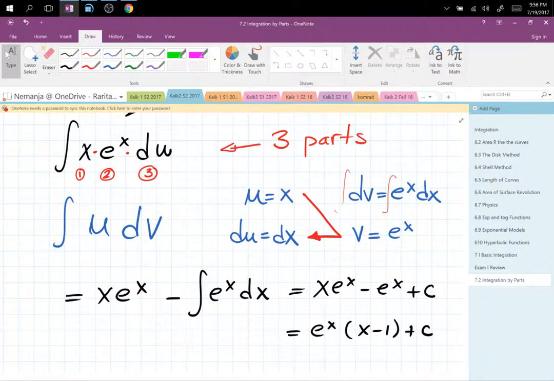So you will be picking the same stuff around. So go ahead. Practice integral of x sine x dx and just use the same steps, same choices, same everything.